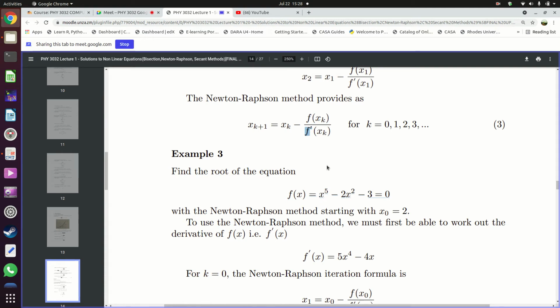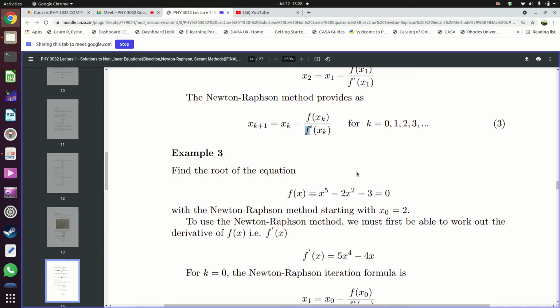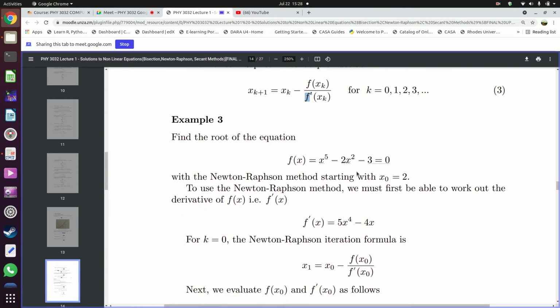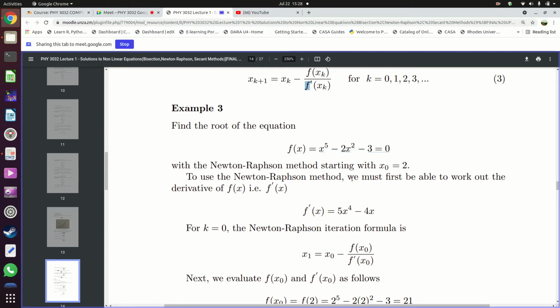If the derivative is easy to work out, then you can use the Newton-Raphson method. But if the derivative is not easy to find, then you should look for something else. Either you can look for bisection, or, as you're going to see, there's a method called secant which you can use. So the first thing you're supposed to do is work out the derivative of the function you've been given.